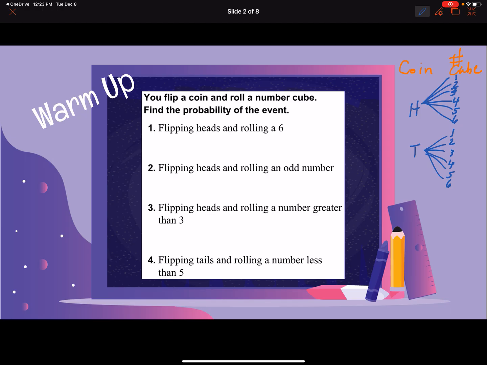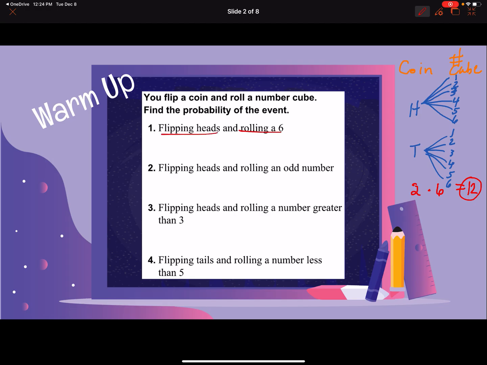Now I could also take my options here. The number of outcomes for a coin is 2 times the number of outcomes for a number cube, which is 6, and I could get 12 as well. So either one of those options works. Number 1 says flipping a head and rolling a 6.